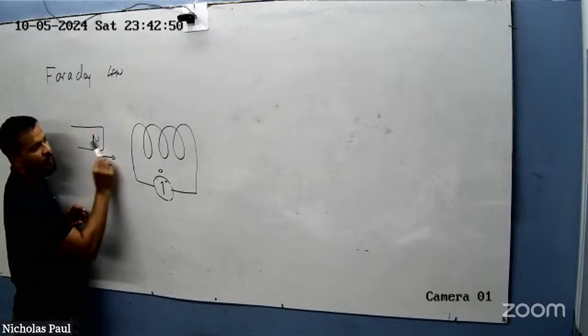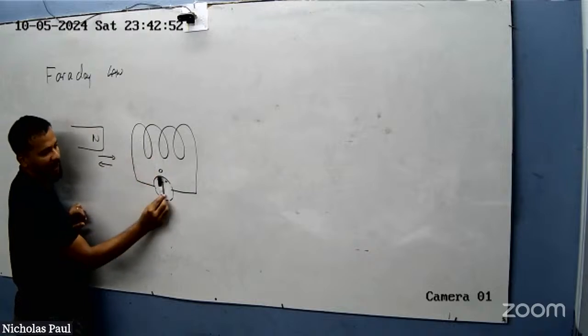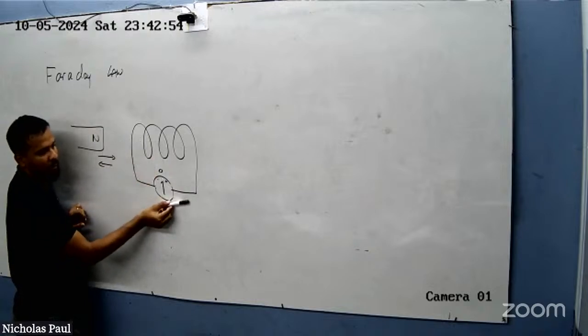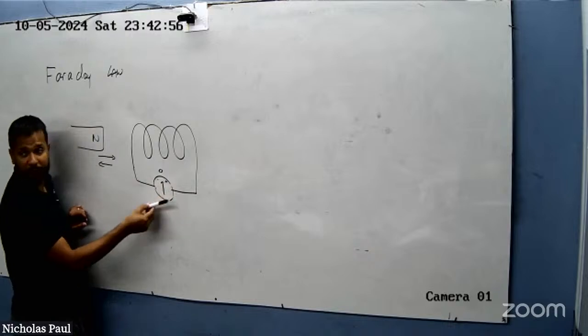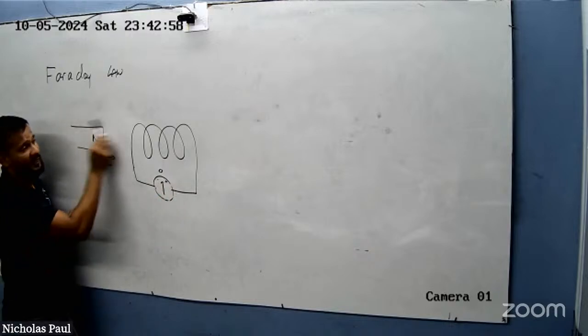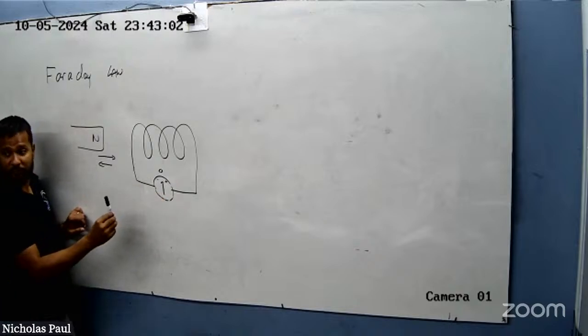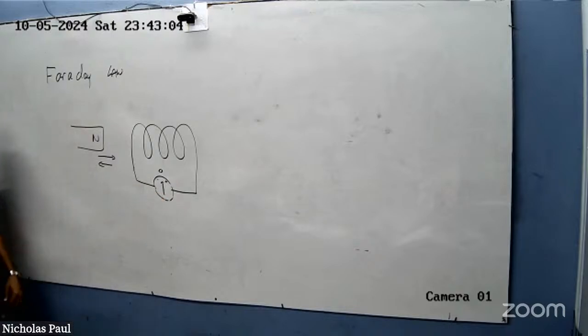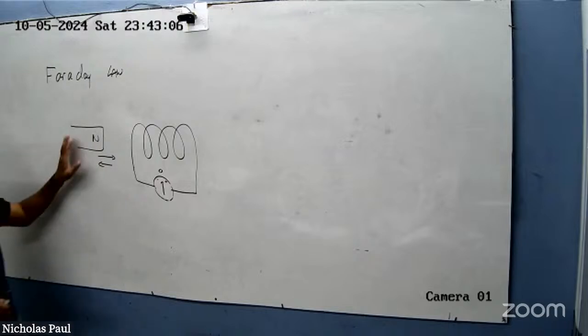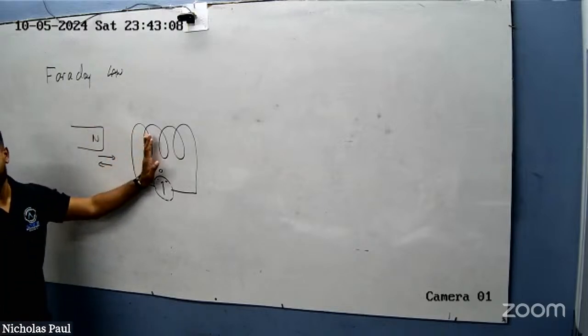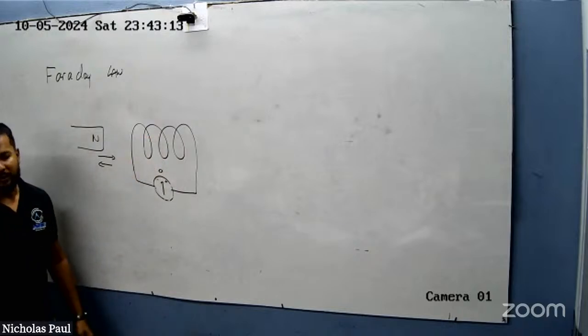So the faster I move in and out, the galvanometer will go further down on either side. That's okay? So the faster I move it, the bigger the deflections. If the magnet just stays there, it's not cutting the field lines, so no current. Full stop.